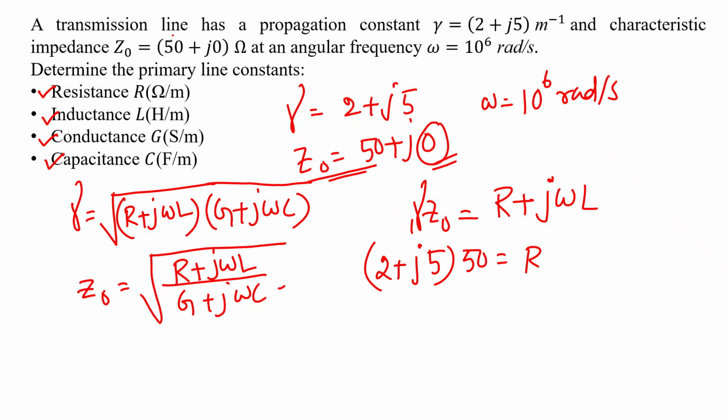So if we multiply the terms on the left hand side, 50 into 2 is 100, plus j250, equals R plus j omega L.